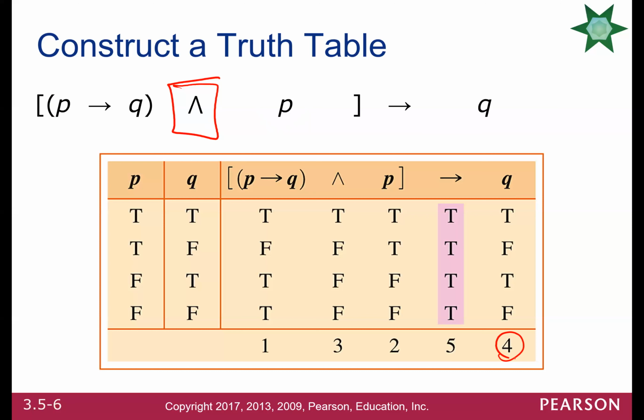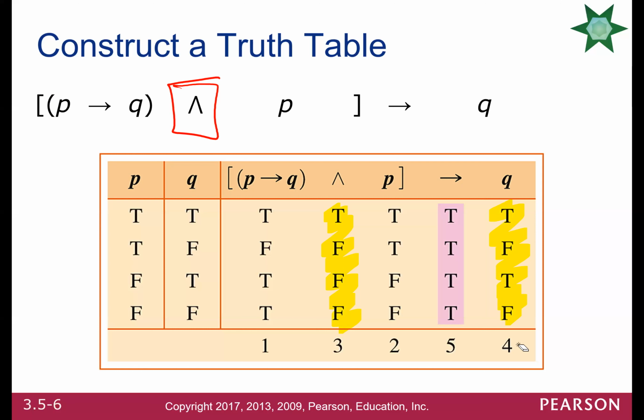Now we are going to look at column 3 and column 4, and we're going to do the conditional. The conditional is only false if the antecedent is true and the consequent is false. None of those are the case here.